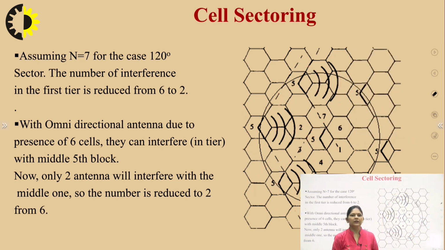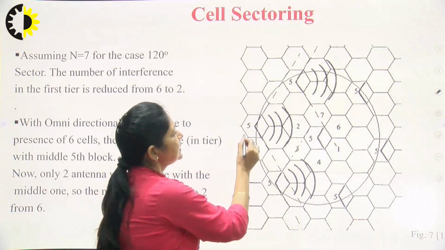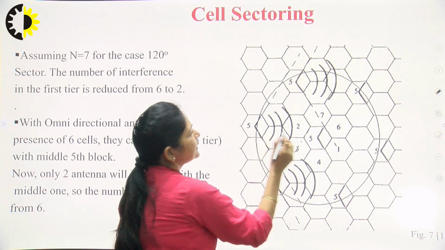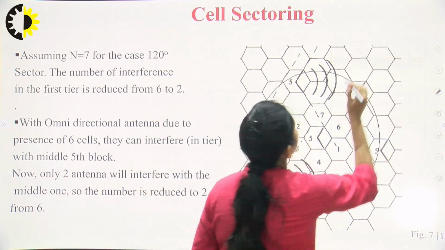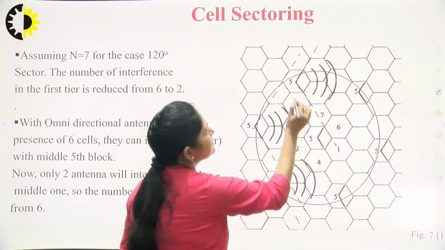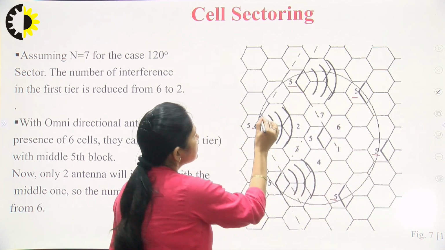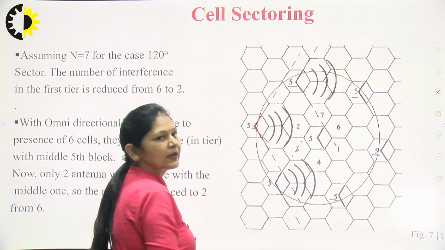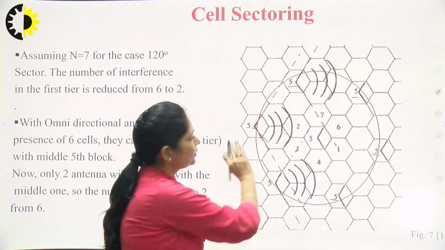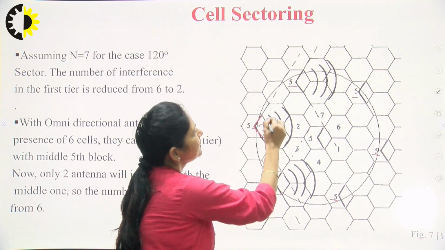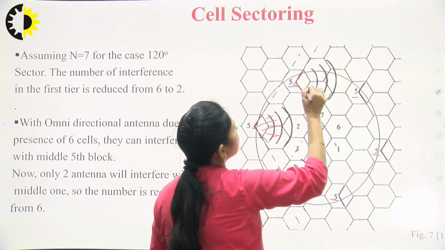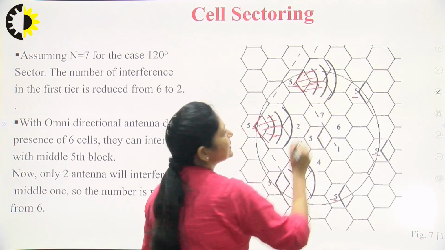Now we will consider the case when we have used sectored antennas. As you can see here, at all these places, we are using sectored antennas, each directing its signal to a particular direction. This is the direction of the antenna. This antenna is also directed towards this direction.